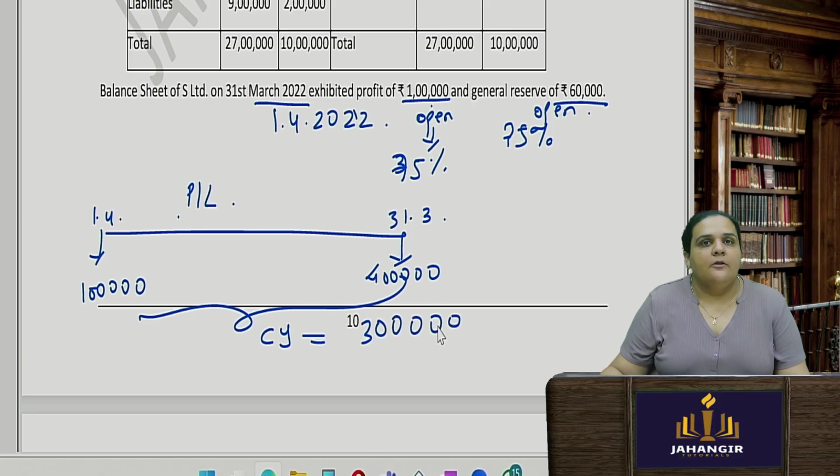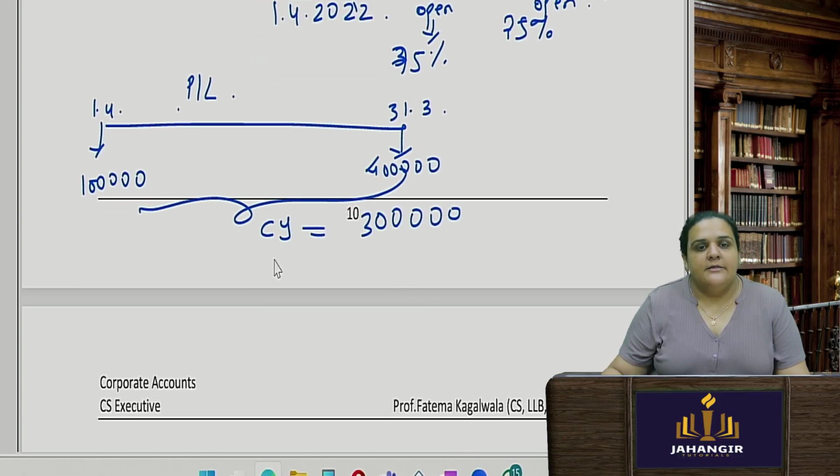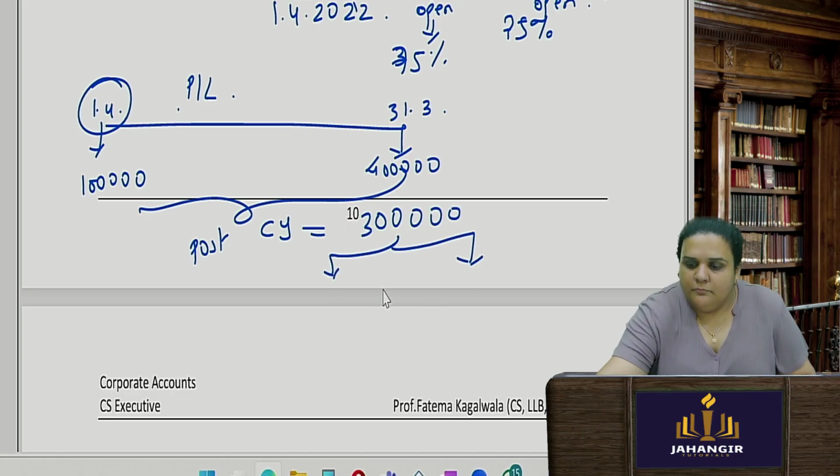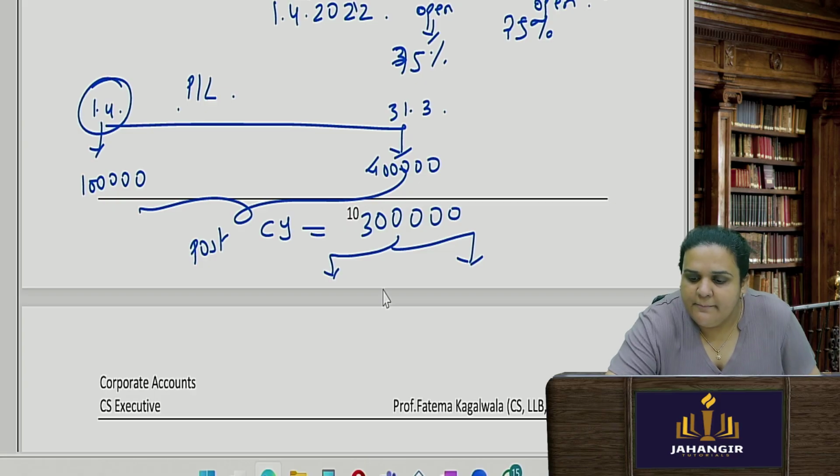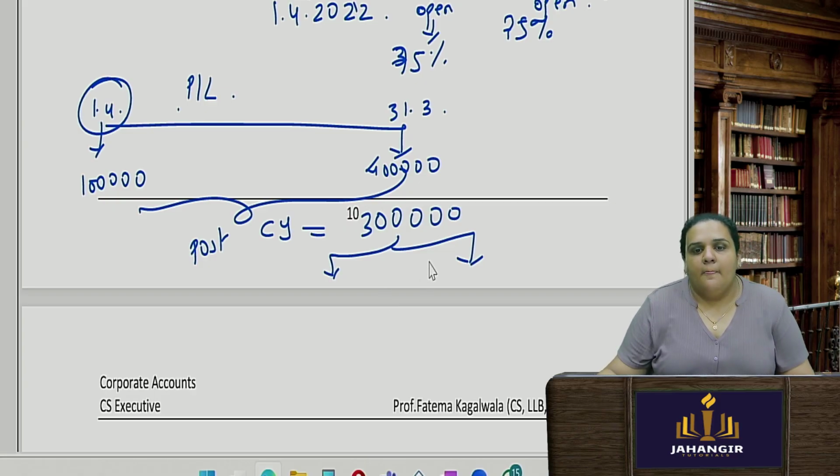Only then we can close now. So this current year is always post since I started on 1st of April. So for post profit I have nothing to do in cost of control, but minority interest shareholders will get their share, right? 3 lakhs into 25%. That will be 75,000.